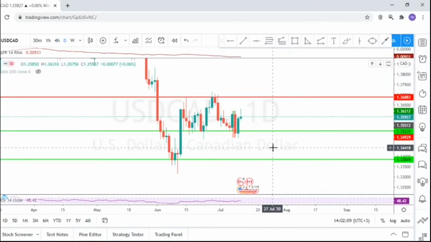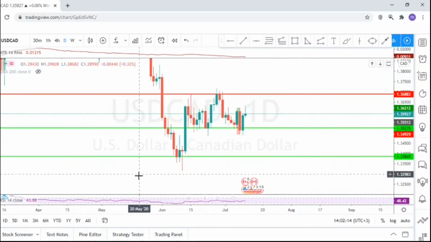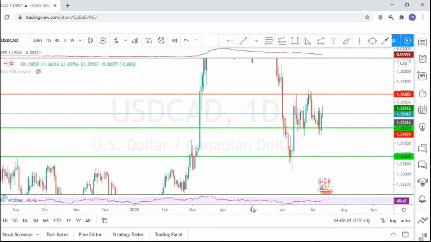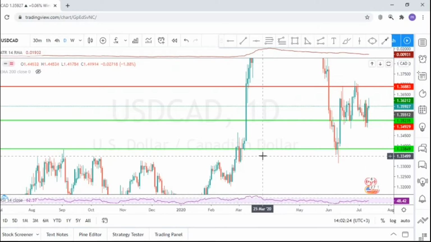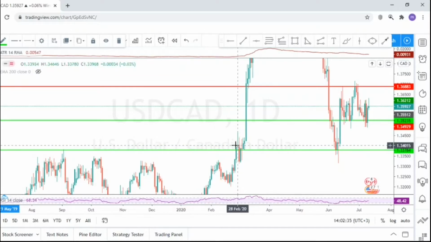These are my key levels of structure that I identified last week. We have this swing low here, which is the support, and if you look left here, this level has been tested multiple times, at least support here, small resistance here.